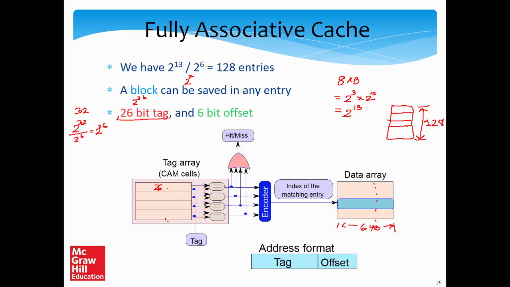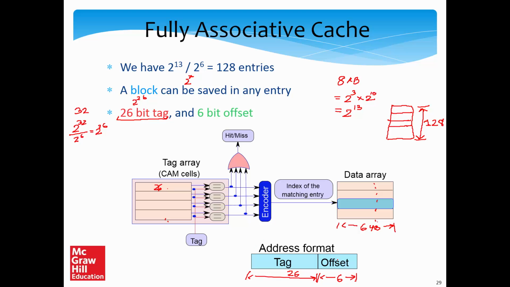So the way that we do the addressing is that given a memory address, we first compute the tag part of the memory address, which is the upper 26 bits. And then there will be a byte offset part, which is the 6 bits. Where does 6 come from? It comes from the fact that 2 to the power 6 is 64, and 64 bytes is the block size.